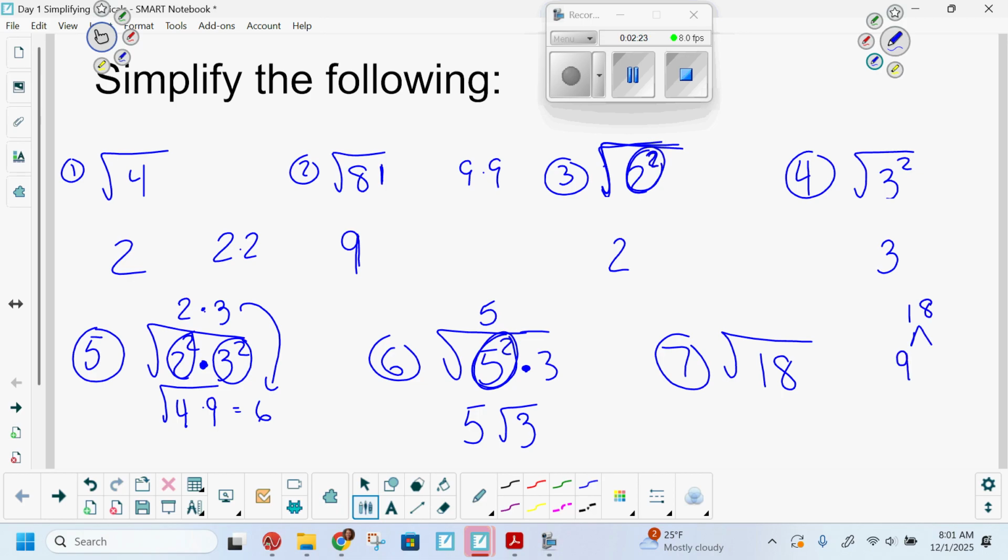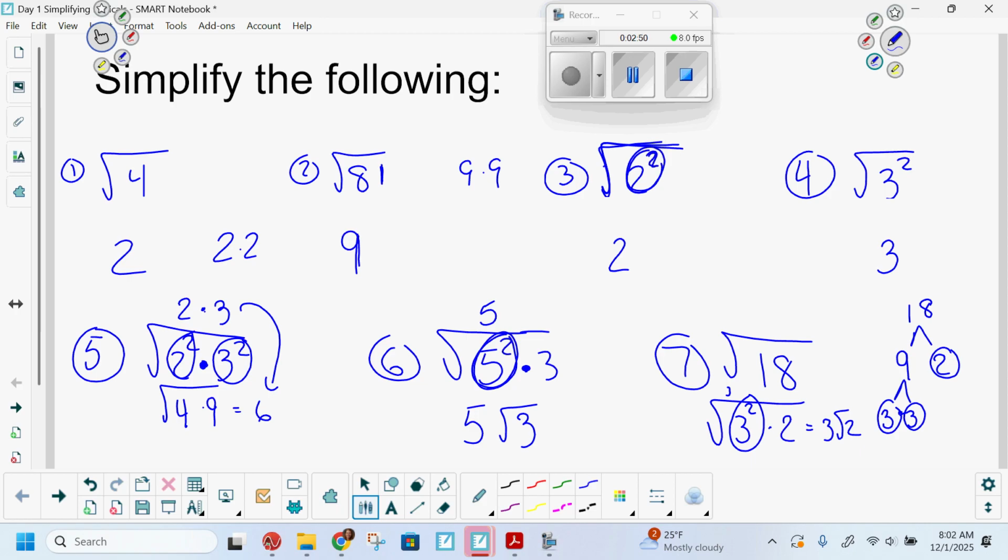Let's see, I got 9 times 2. 2 is a prime number, and 9 is 3 times 3. So that means the square root of 18 is the same thing as 3 squared times 2. So I can take the square root of 3 squared, that gives me 3, and the 2 is still under the radical.